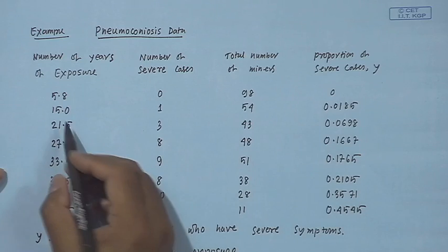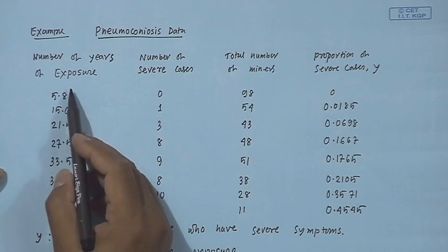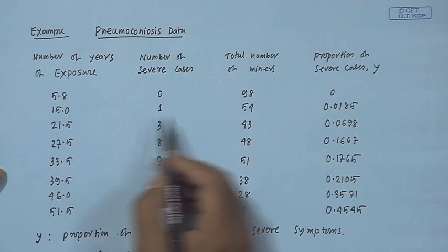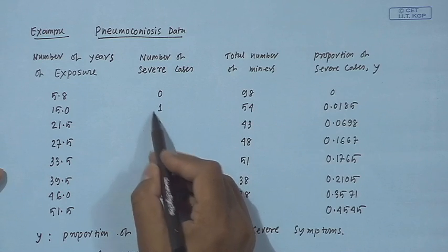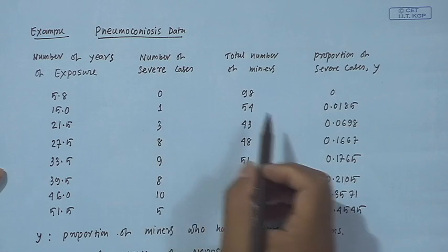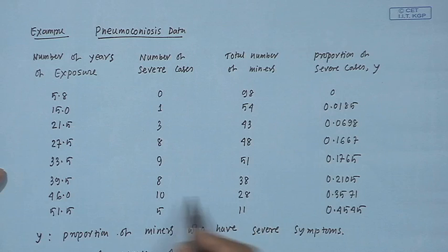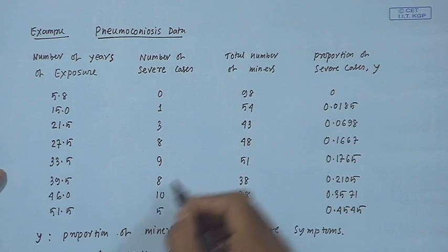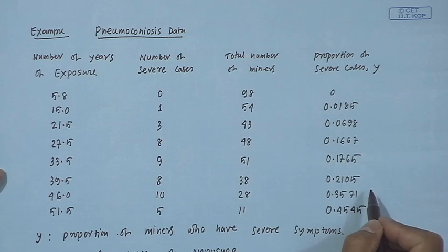Okay. Similarly, if the number of years of exposure is more, then there are more chances of being severely affected by this disease. And here you can see if somebody is exposed for almost 50 years, then the probability is almost half that a person will be affected by this disease. Okay. I am sure you understood the problem here.